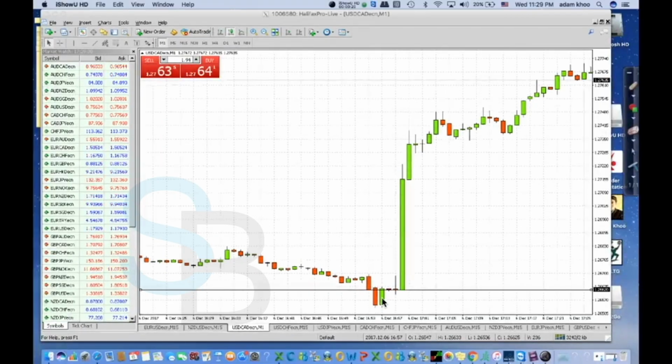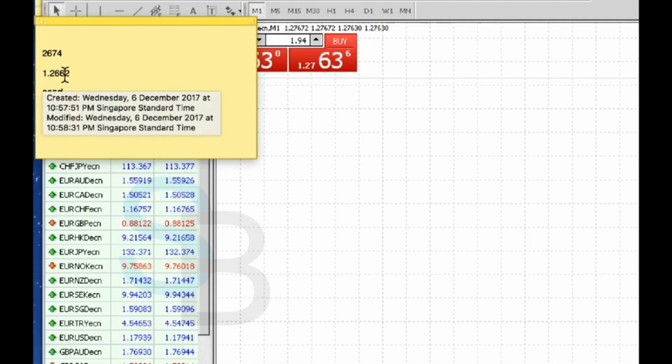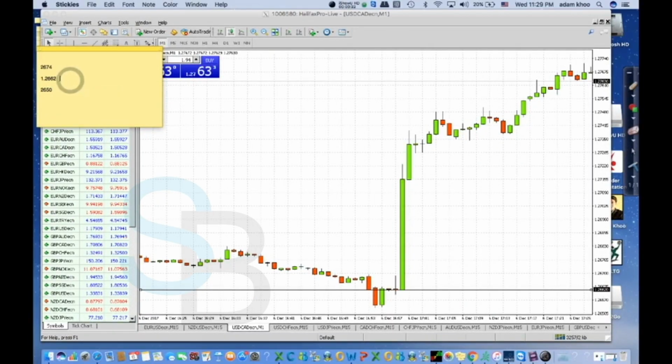So at the time, the market price, which I saw at the time, if you recall, was 2662, right? Remember, I created this sticky and I wrote it 2662. So that was the so-called market price at that time, 3 minutes before the news was released, right?